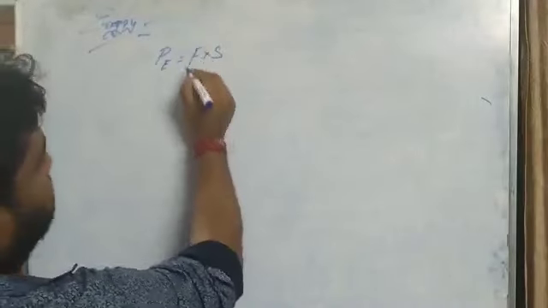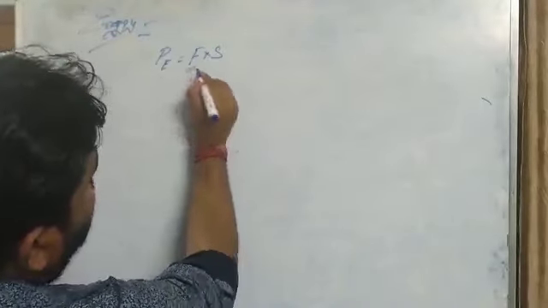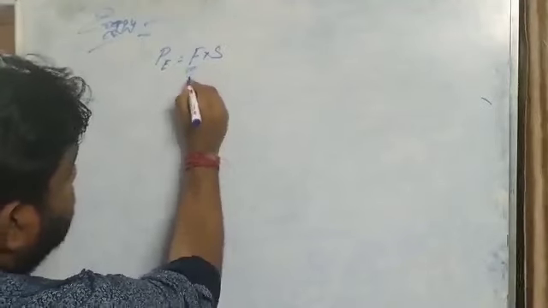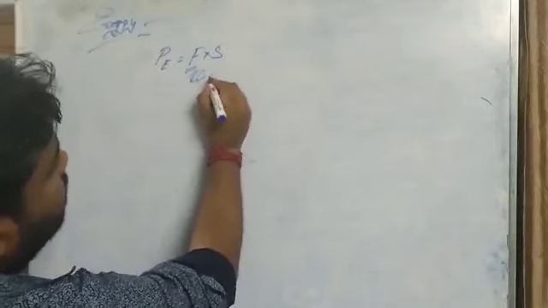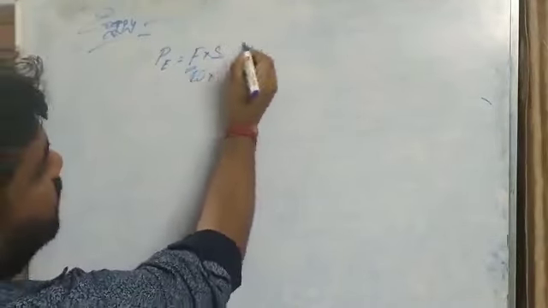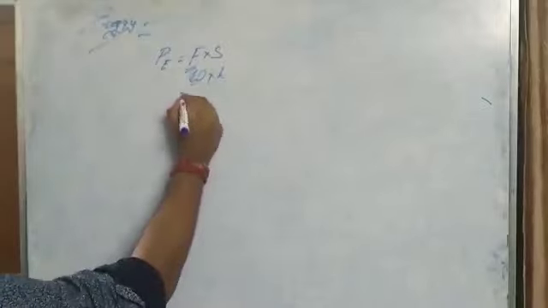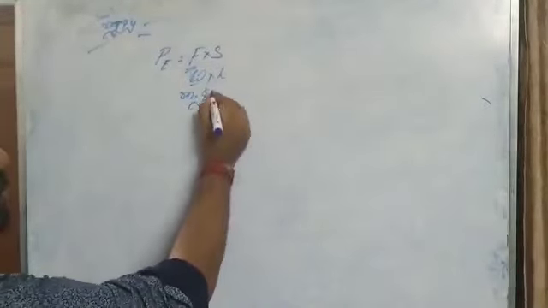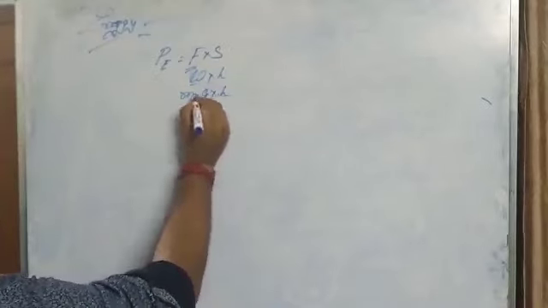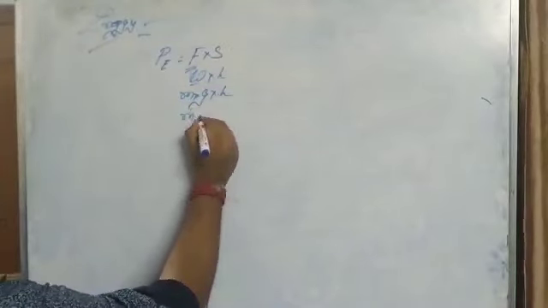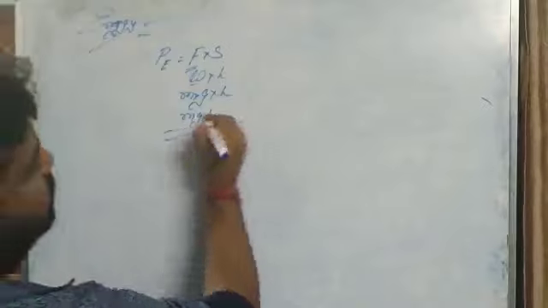Therefore, force equals weight of the body, and displacement is the height at which the body is placed. Weight means mass into acceleration due to gravity, and the displacement or the height is h. Therefore, we can say PE equals m into g into h. Is that clear, everybody?